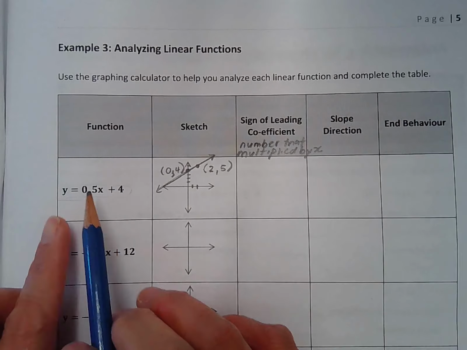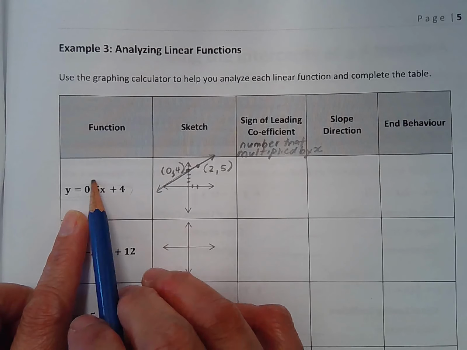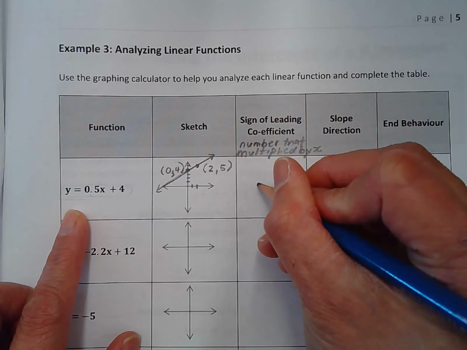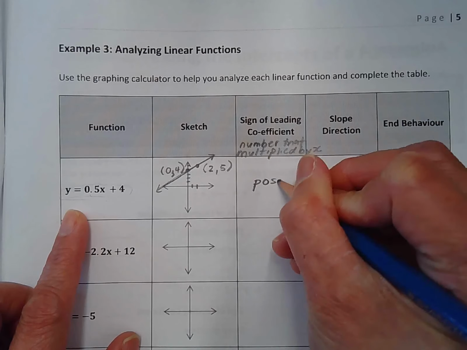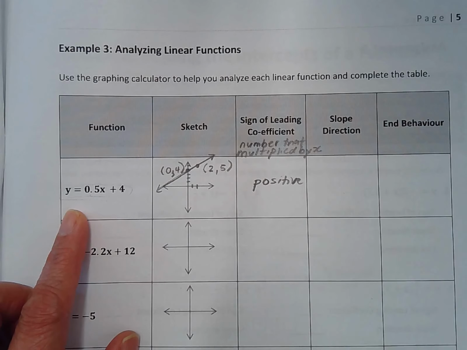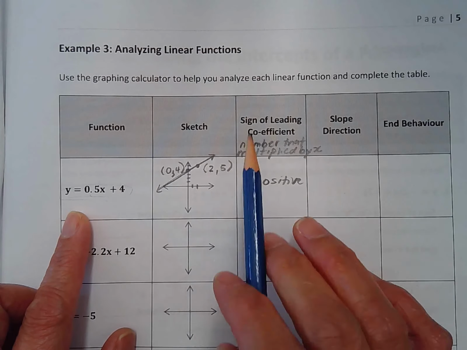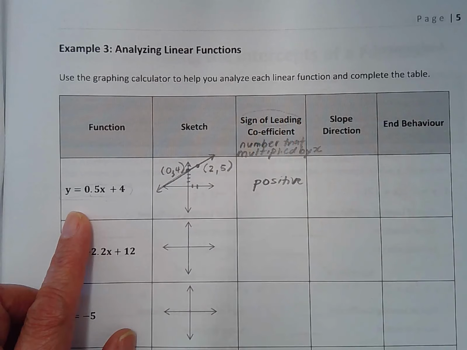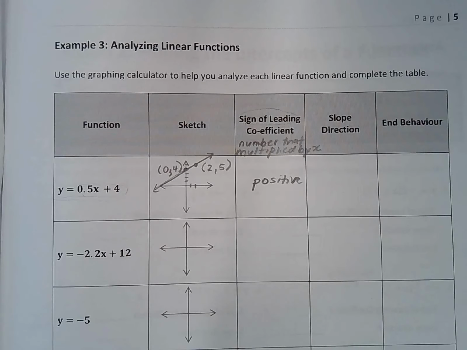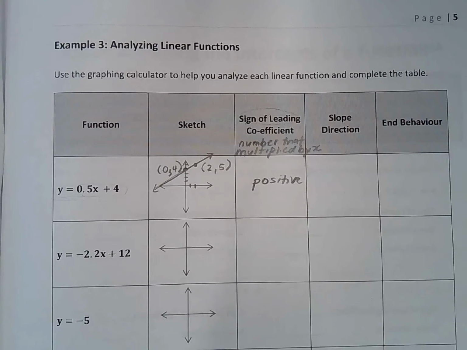The coefficient is 0.5, so that is positive. You can just put positive because they just say sign of leading coefficient. If you want to put positive 0.5, that's okay too.